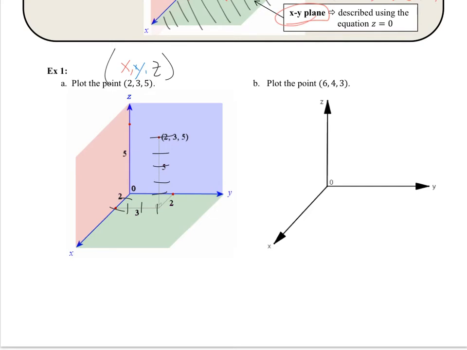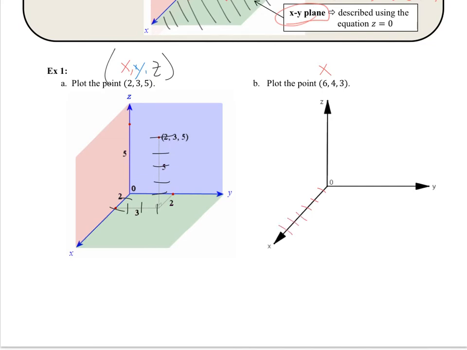Now in B we're going to do the exact same thing. B tells us to plot the point (6, 4, 3). Remember, we're going to plot the x first. So the x is at 6, and we count our x: 1, 2, 3, 4, 5, and 6.